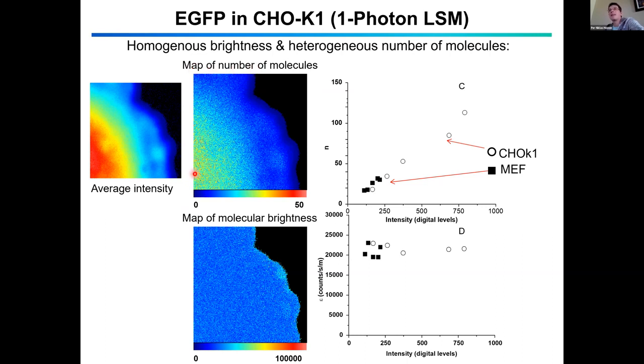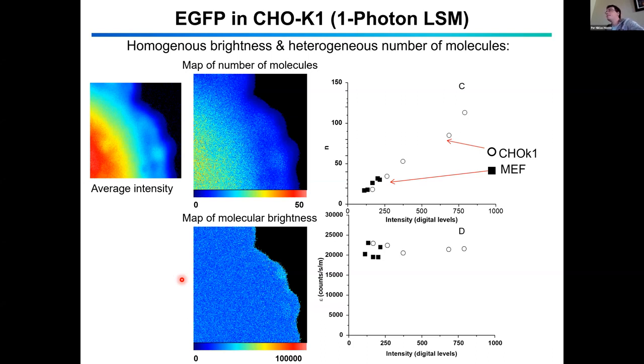You can see that further inside the cell, you have more GFP molecules on average, and then at the bottom center, we have the map of molecular brightness. And as you can see, it's the same everywhere, because in this case, the cell is just expressing EGFP, which is mostly monomeric if expressed at levels that are only in the nanomolar range.